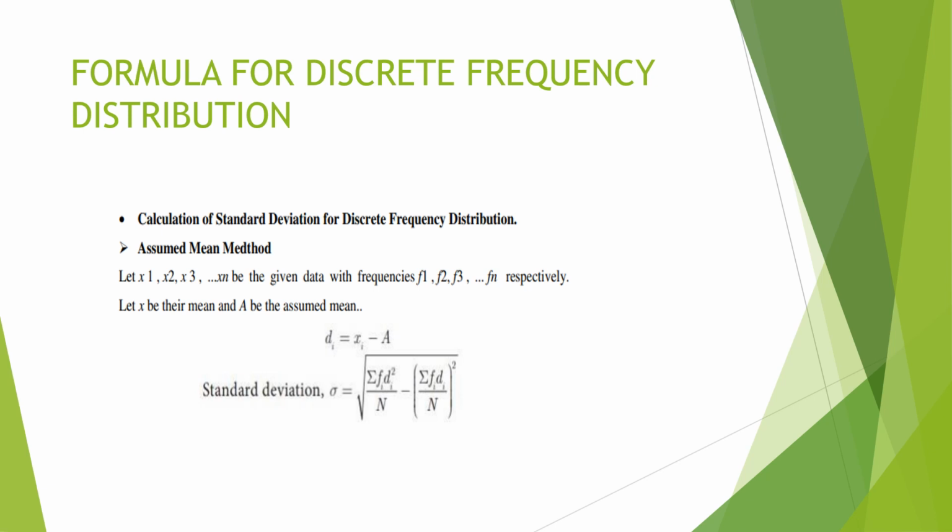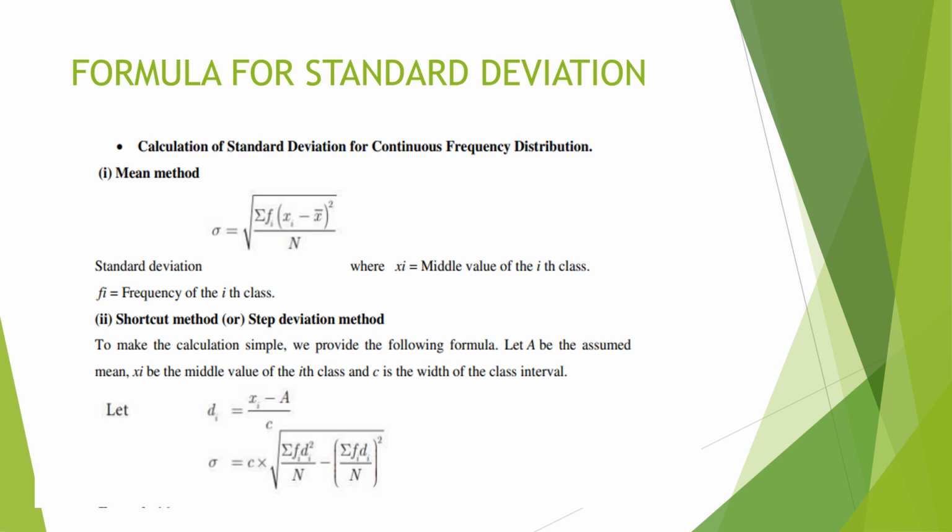Standard deviation is equal to under root of sigma fd square upon capital N minus (sigma fd upon N) whole square. Then for continuous frequency distribution it is under root of summation of f (x minus x mean) whole square upon capital N, where capital N is the sum of the frequency.